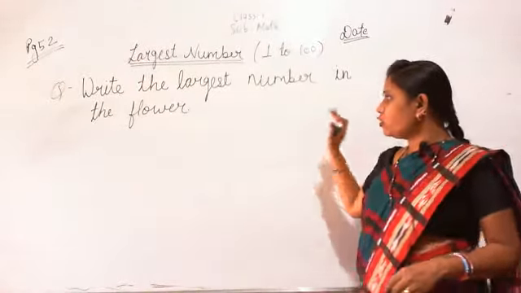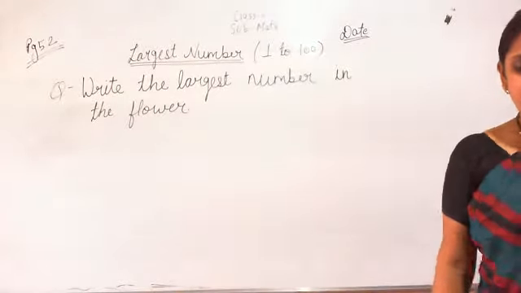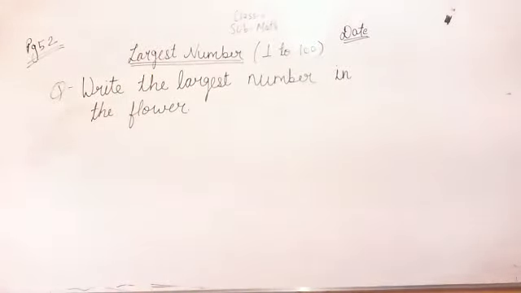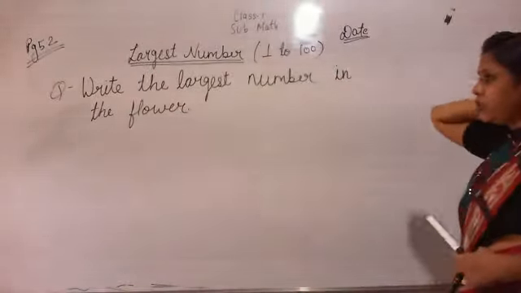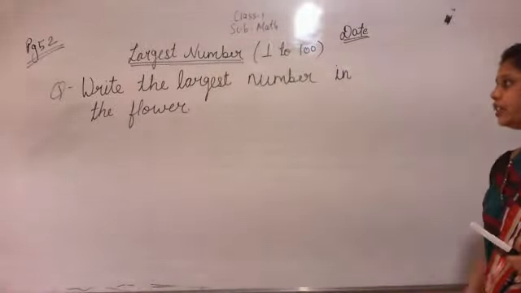So first of all, copy this question. Write the largest number in the flower. Write fast and in good handwriting, and write clearly so that you can understand what you have written.